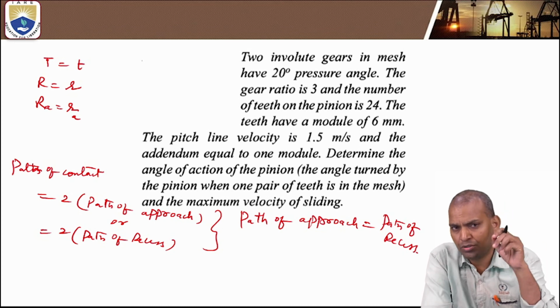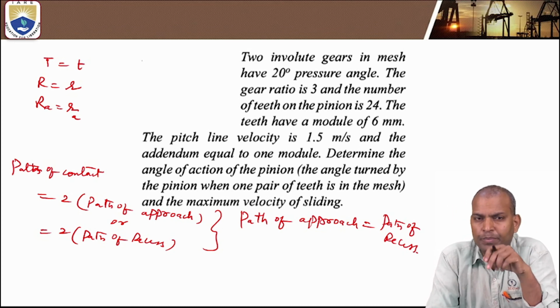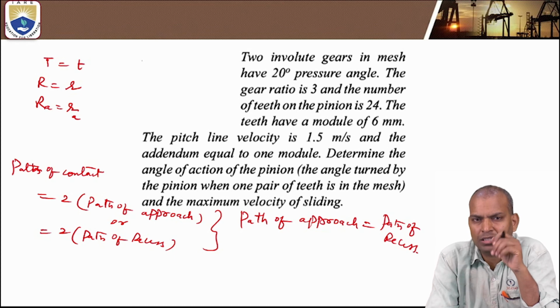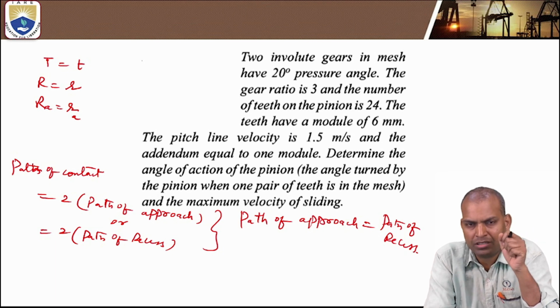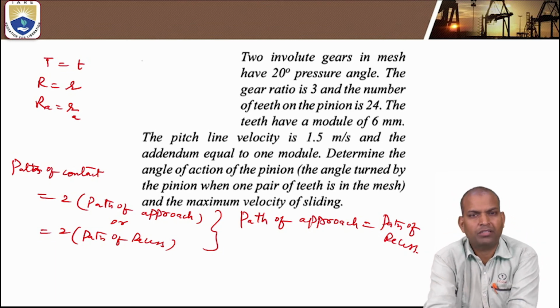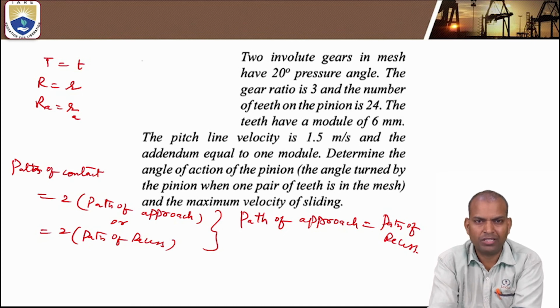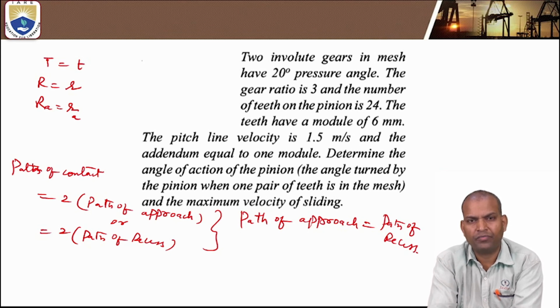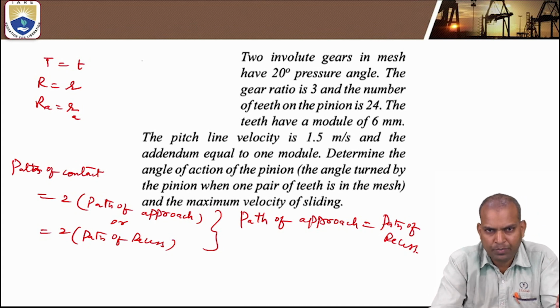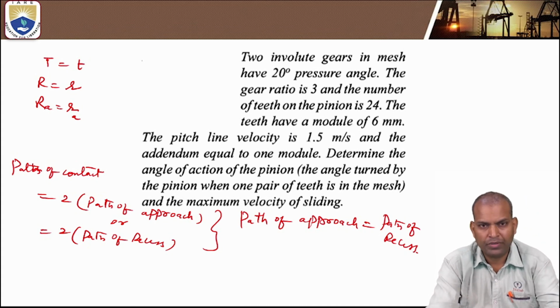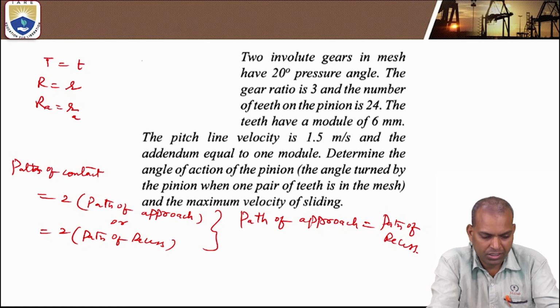When the path of approach equals the path of recess, the number of teeth is equal for both wheels, or the pitch circle radius is equal for both wheels, or the addendum circle radius is equal for both wheels when they are in external meshing. Then the path of contact equals 2 times the path of approach or 2 times the path of recess.